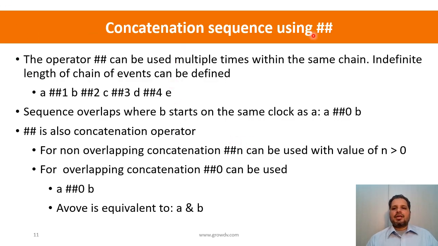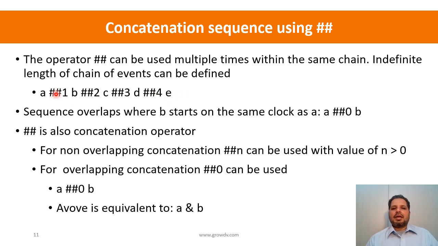Okay, so the pound delay operator that we have seen already is also a sort of concatenation operator. It can be thought of like a concatenation operator. So far in all our examples we were seeing only one level, but you can use it as many times as you want, and you can create an indefinite chain of events using this double pound operator.